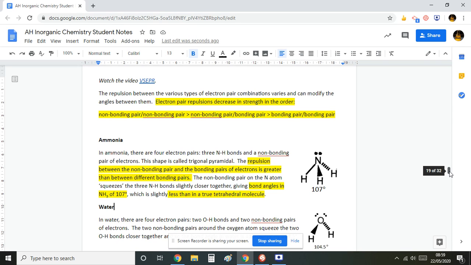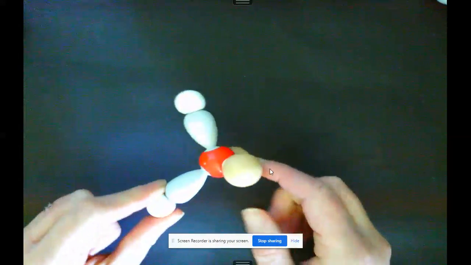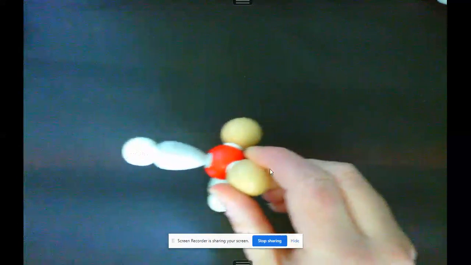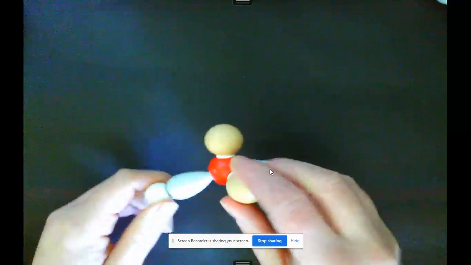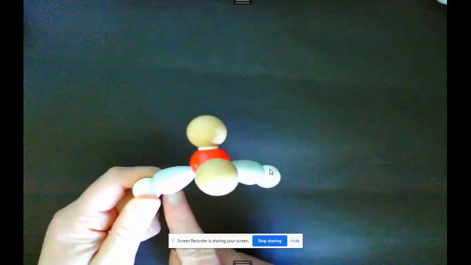If we have a look at water, again, I'm going to show you the model first of all. So here's water with its 2 bonding pairs and 2 non-bonding pairs. This time we have repulsion between the bonding pairs, which is the minimum type.